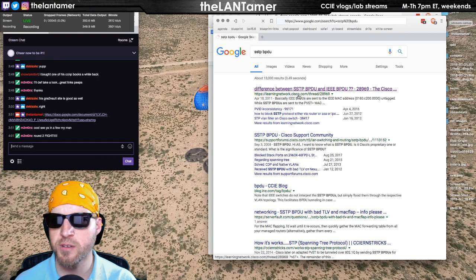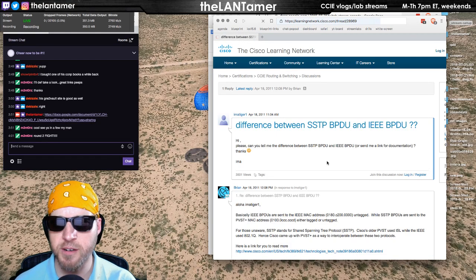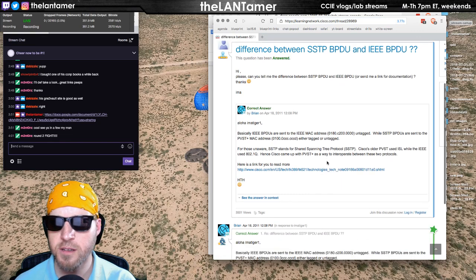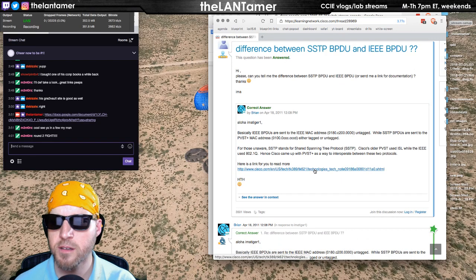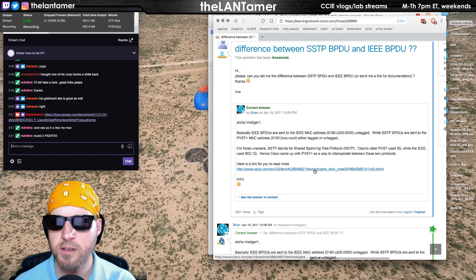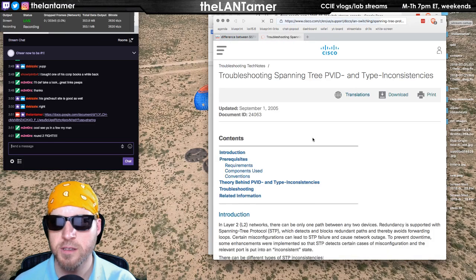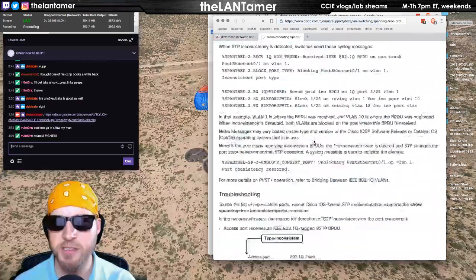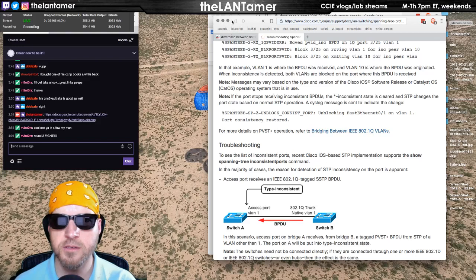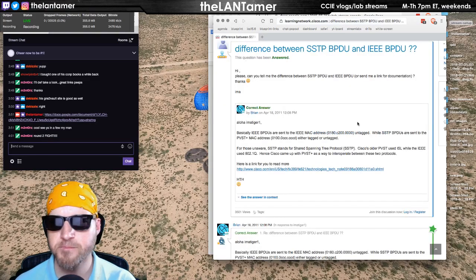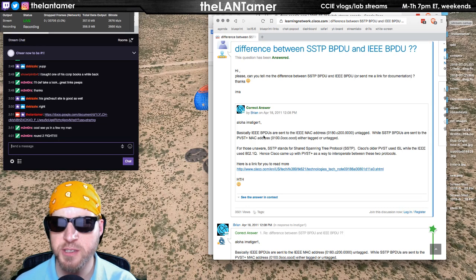I looked this up. I knew it earlier. It might be on here. Yeah, shared spanning tree. Not the same article. Basically, IEEE BPDUs are sent to the IEEE MAC address, this one.